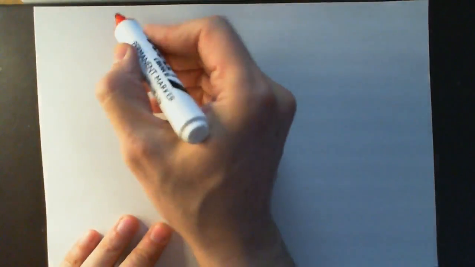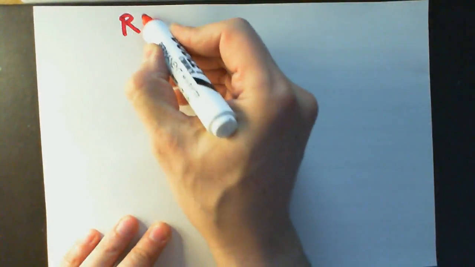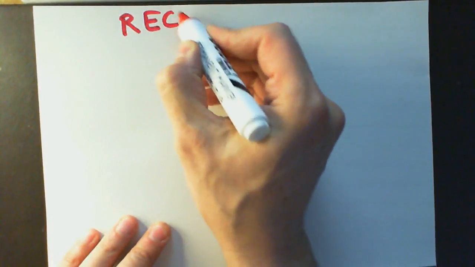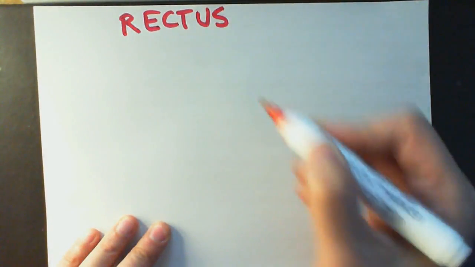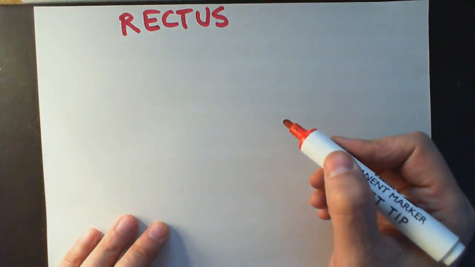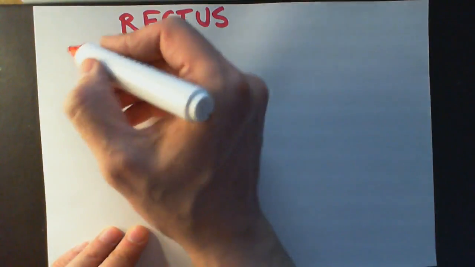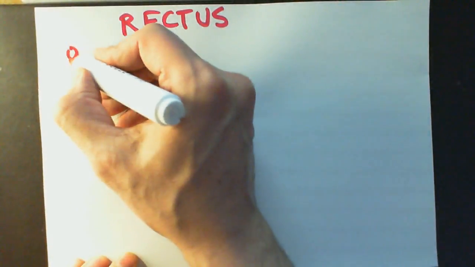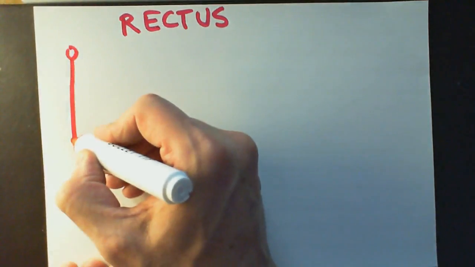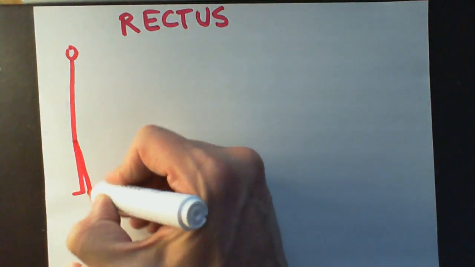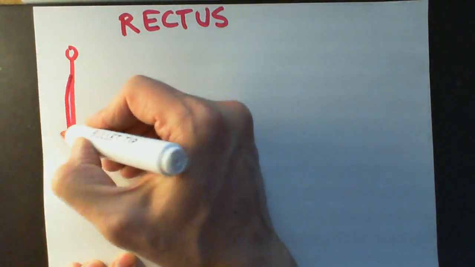Right, this is going to be the last section of today's geometry lesson, and some more Latin. The word rectus in Latin. Let's write it out. Rectus means straight or upright. For example, here is Johnny, and he is standing straight up and down. There he is. Right, hands at his side.